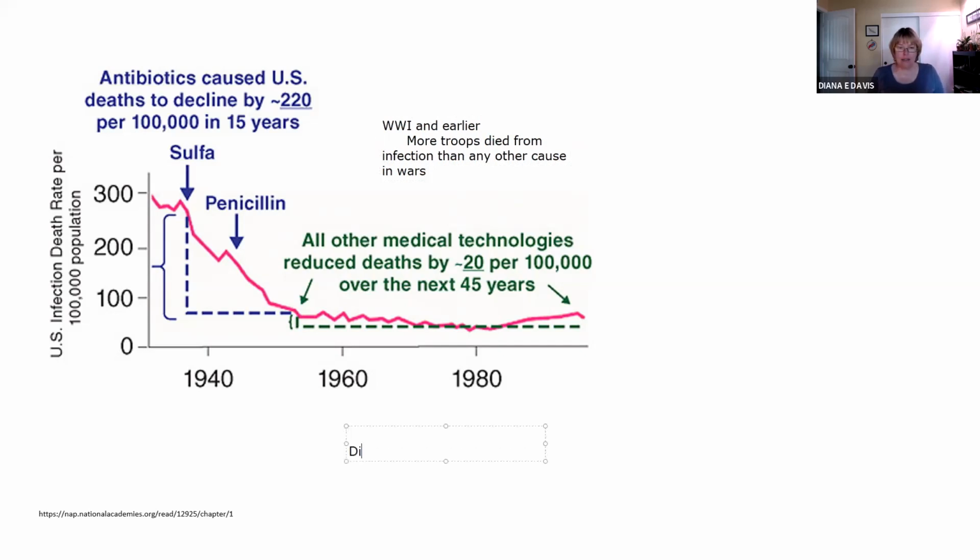And diseases were the leading cause of death for children. Over 25% of children died in the first year of life. 25%. This is what a world looks like without antibiotics.